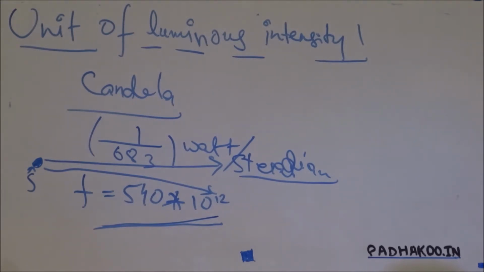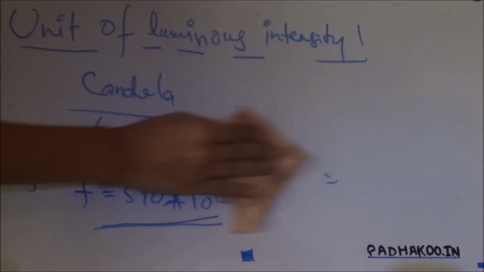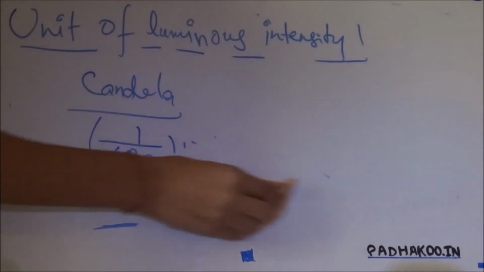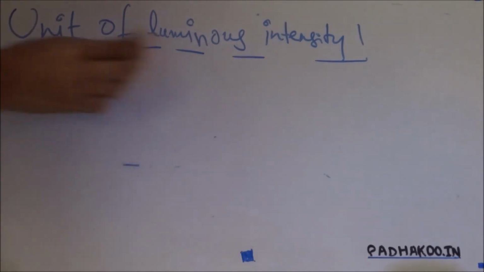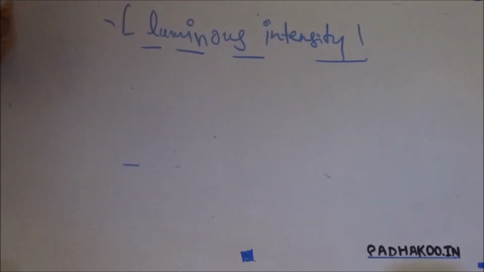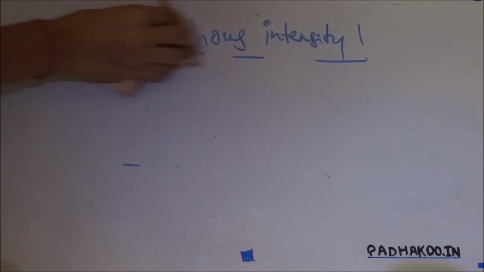So that's a difficult thing to remember, but still. Okay, so these were the fundamental basic units, and there are other things also like speed, density, force, acceleration, etc., which are derived from these 7.